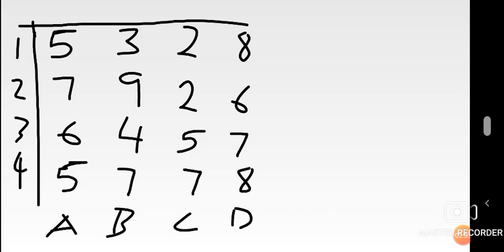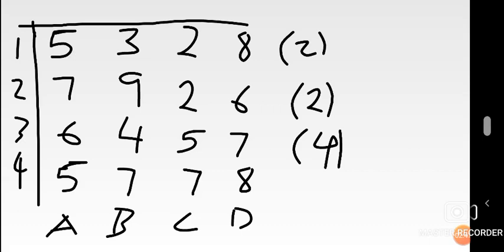For row 1, I'll use a 2. For row 2, another 2. For row 3, a 4. For row 4, a 5. These are the numbers you'll be subtracting throughout their rows, and you'll see what the matrix changes to.